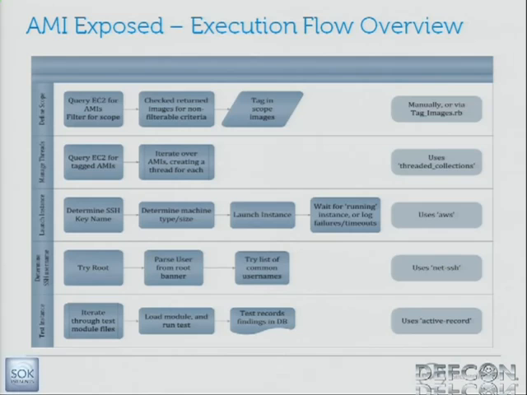Again, we query for the tagged images, iterate over them, and obviously we wanted to thread it. I should mention this is all in Ruby. Down the right here we have some of the gems that are used. We're using the threaded collections gem for managing threads, and then we're using the official Amazon Web Services SDK for Ruby, which was released about 3 weeks ago.